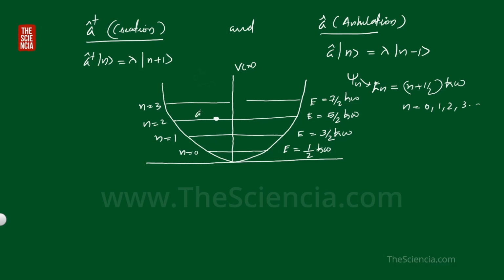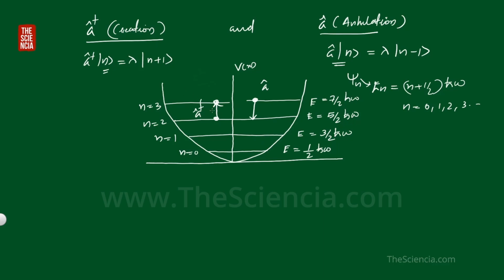and the creation operator is operating on that state, then what will happen? The particle will jump to a higher energy state. That is, here is n, now the n becomes n plus 1. And if the particle is in this state and an annihilation operator is operating on it, the state is reduced by 1, so it will come down to the lower state.